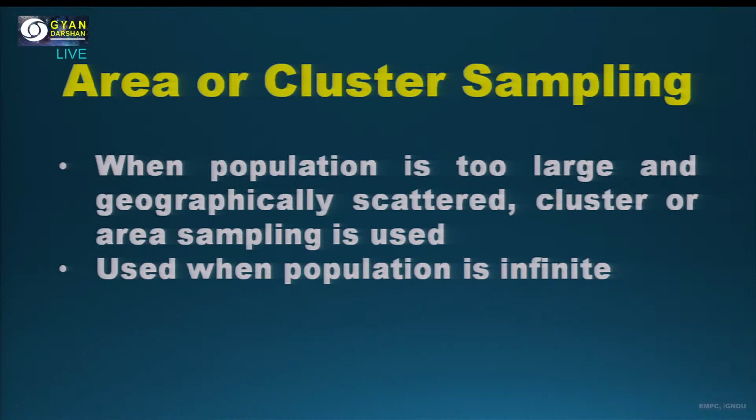Next is area or cluster sampling. Sometimes stratified sampling may be difficult, and then we move on to this kind of sampling technique. When the population is too large and geographically scattered, cluster or area sampling is used, when the population is infinite. In most cases we have a finite population.